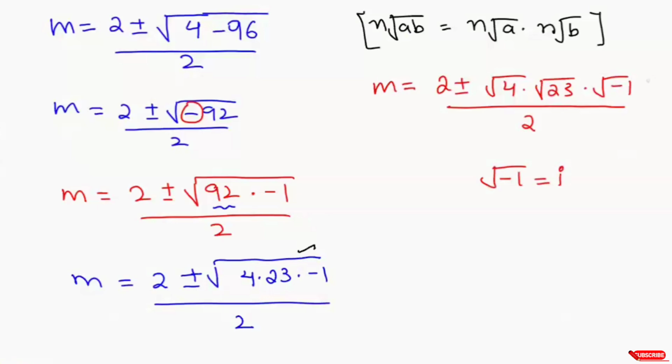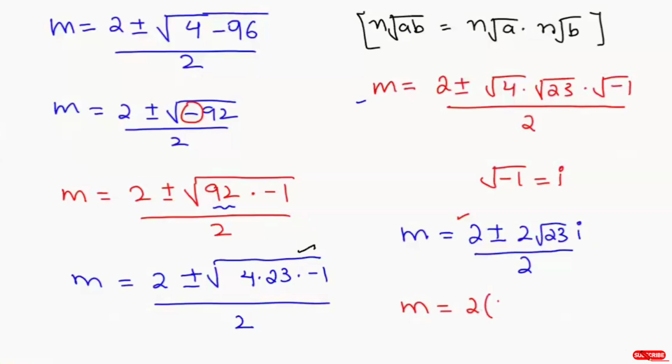So this will turn to m is equal to 2 plus minus root of 4, which is 2, root of 23 iota, over 2. Now next I am going to take common 2, m is equal to 2, here 1 is remaining, plus minus root of 23 iota, over 2. Here this and this get cancelled, so we'll get the next expression.